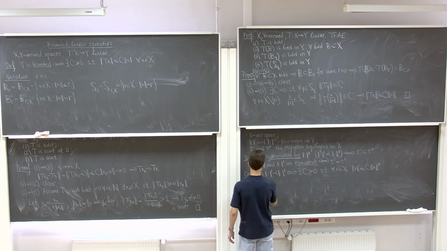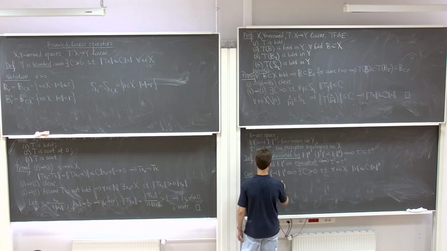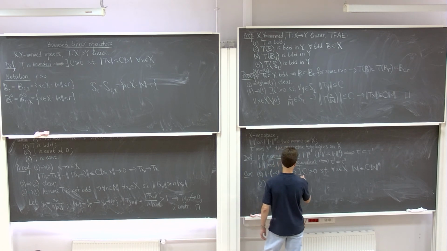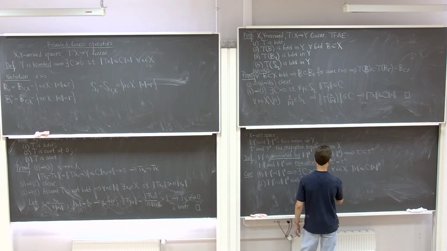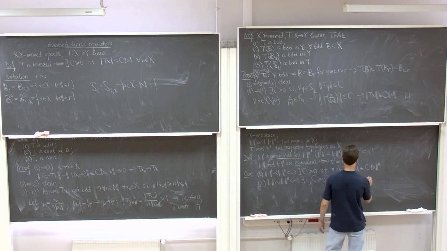And as a corollary of this, as a special case, we see that two norms are equivalent if there exist two positive constants, little c and big C, such that for each element in our space, we have the following double inequality.